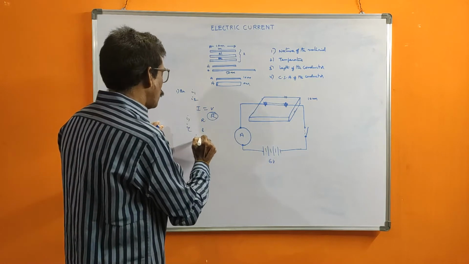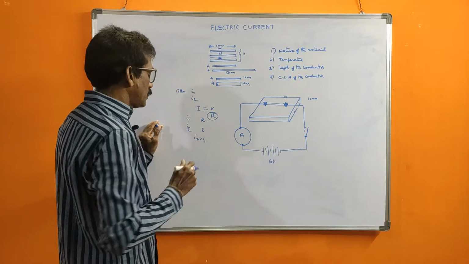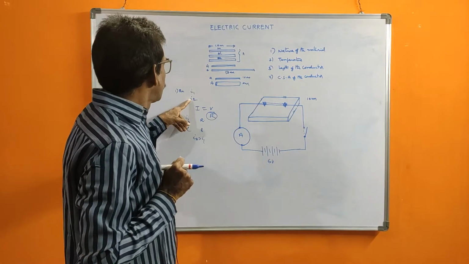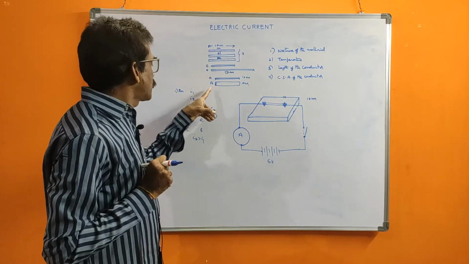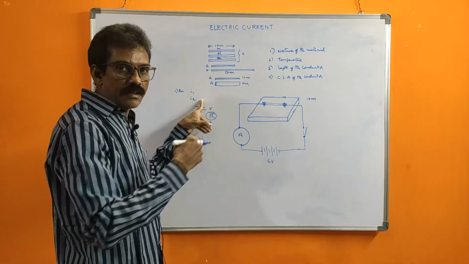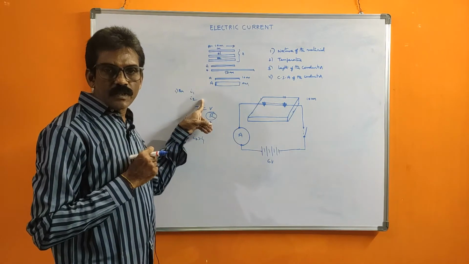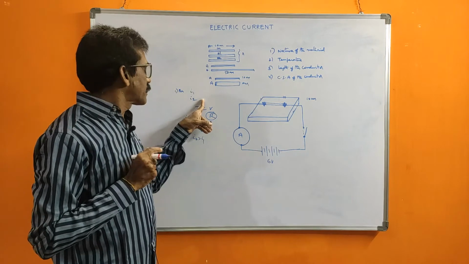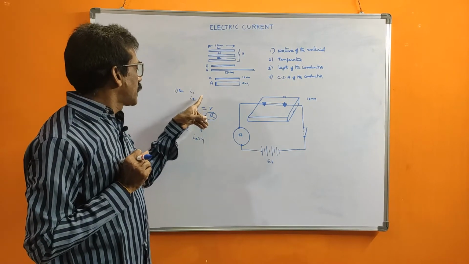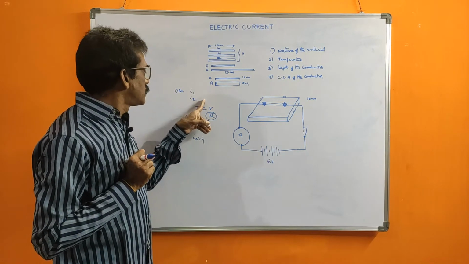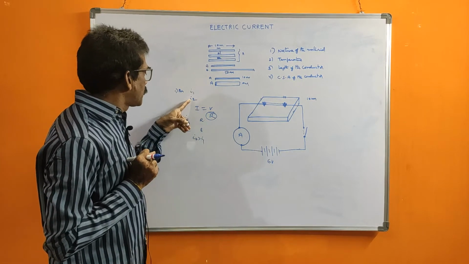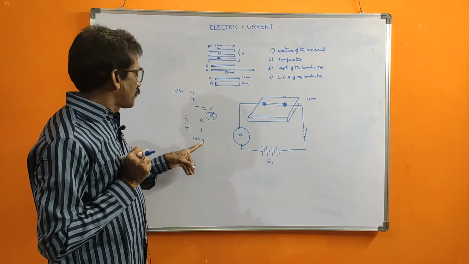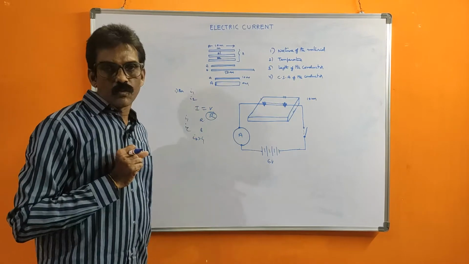So I2 is more than I1, because in the second case the cross sectional area increased. According to the law, resistance is inversely proportional to cross sectional area. So cross sectional area increased means resistance decreased, resistance decreased means current increased. So in the second case the current is I2, and I2 is greater than I1. Like this the reading will show.